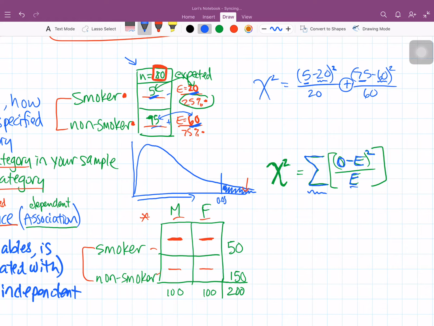And then remember that this is a family of distributions, so you would need to run it on a computer, and it would know how many degrees of freedom you have, and it would tell you, is that finding something that's way out here, in the tail, like less than a 5% chance of that happening randomly, just on its own, or is that something more in this region right here?